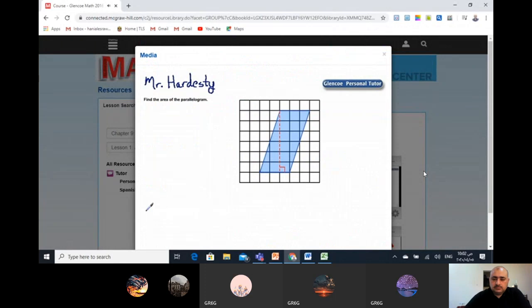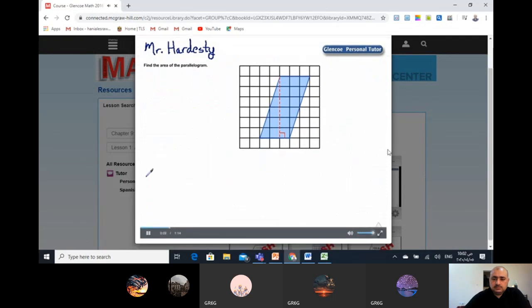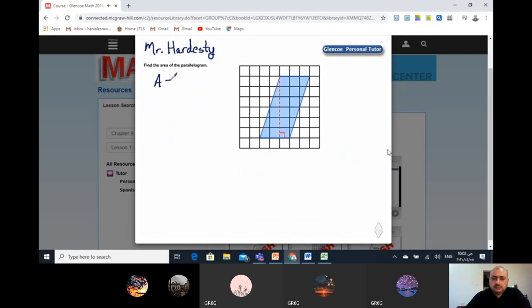This is Mr. Hardesty. In our next problem, we'll use the grid to help us calculate area. Find the area of the parallelogram. We know that the area formula for a parallelogram is base times height. By using the grid, we can find the area once we find the measure of the base and the measure of the height.